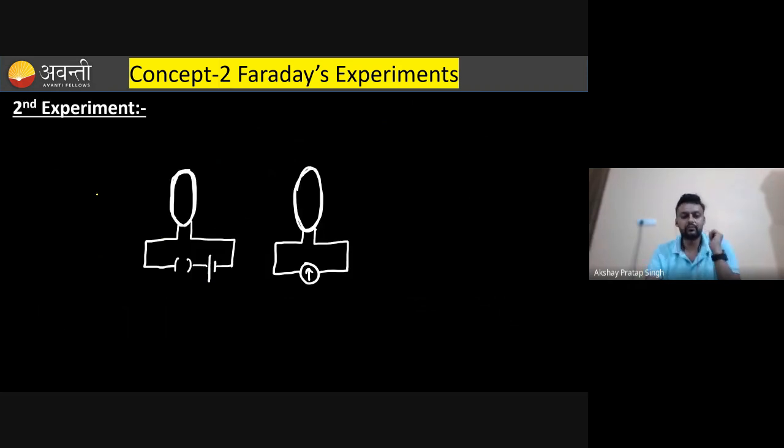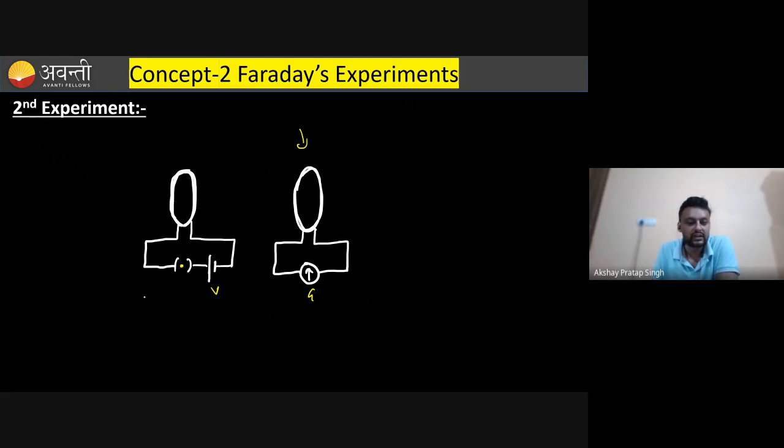Now, the next experiment. In this experimental setup, this is the same coil as in the previous diagram, a coil attached with a galvanometer. Now, what changes in this experiment? He took a coil and attached it with a key and a battery. If you close the key, current will flow.